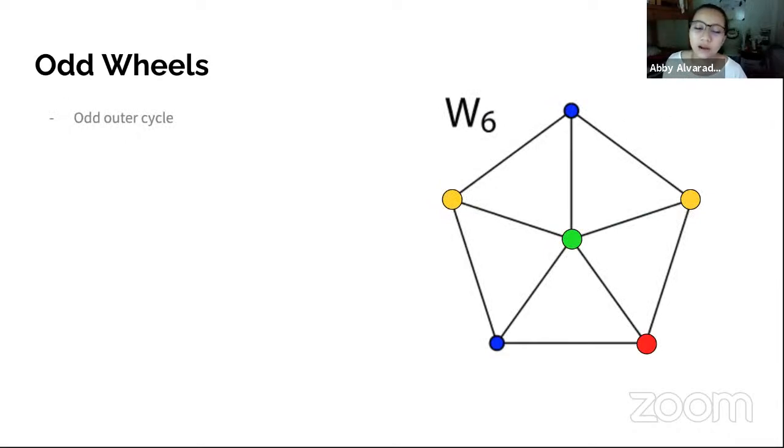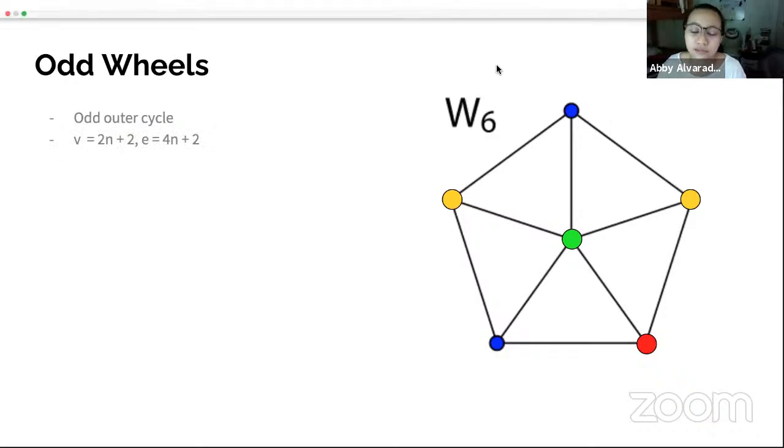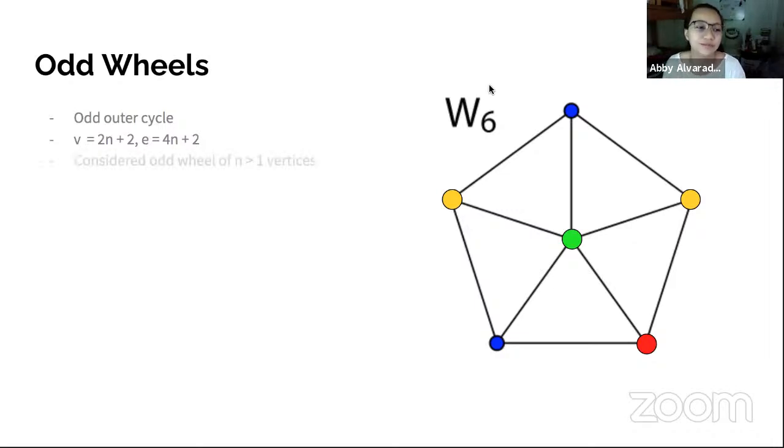Now it has an odd outer cycle, just like in the even wheel, and its total vertices is equal to 2n plus 2, and its edges is equal to 4n plus 2. We considered an odd wheel of n greater than 1 because the smallest odd wheel is already connected to all the other vertices. So wala ka na i-connect there, wala na structure pa.